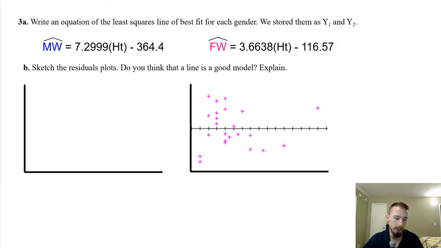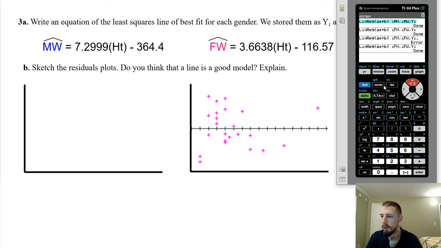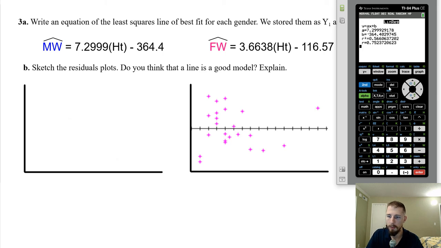And then to get the residual plot for the males, first we have to run a linear regression for the males. So let me quit out of this. Again, that's not what I was trying to do. All right, the linear regression for the males is going to be right here. Now that I've done that, I can just do this again.